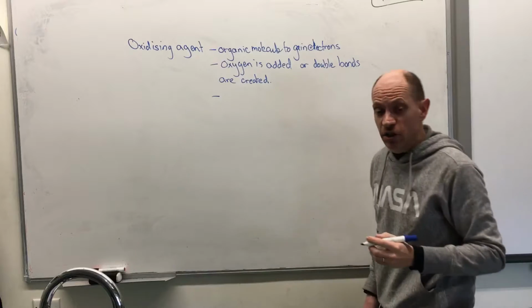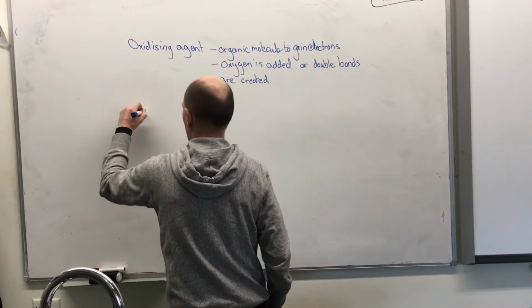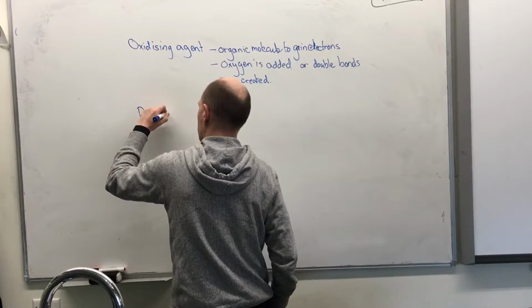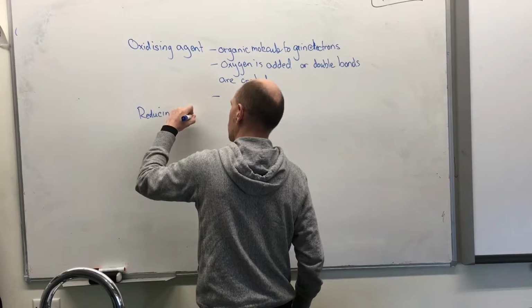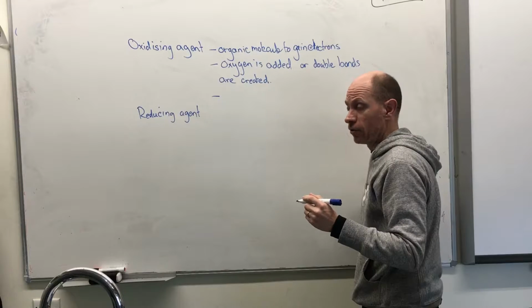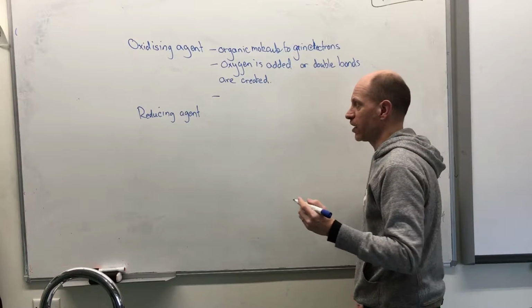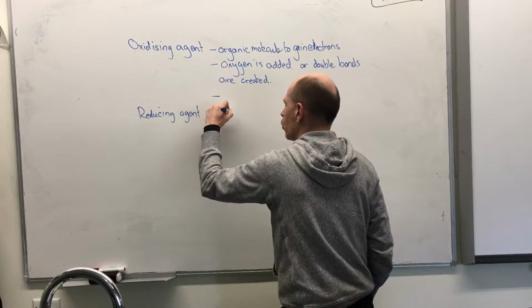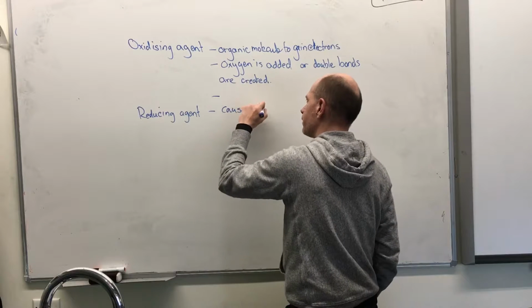A reducing agent in organic chemistry, so remember that a reducing agent causes oxidation to happen in the molecule. So, oxidation is a loss of electrons. So the reducing agent causes bonds to be broken.